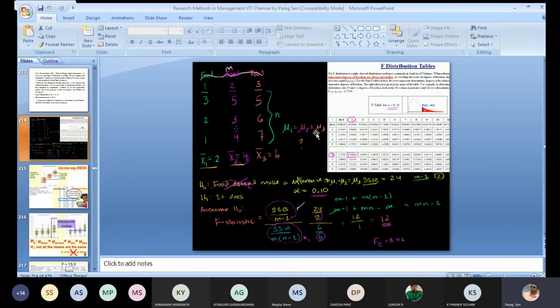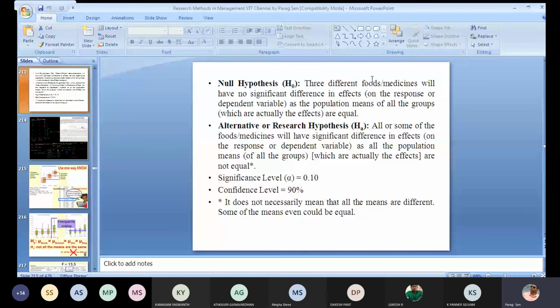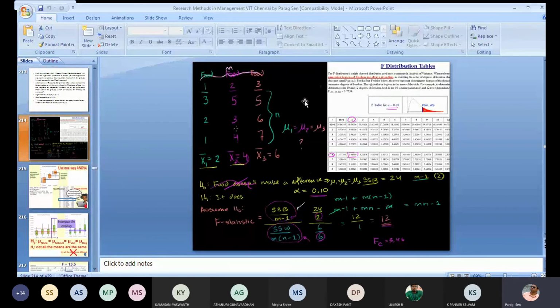Suppose instead of 3 different foods, you are using 3 different levels of speed, and the force level that you are getting, like this is the first spindle value, this is the second spindle value, this is the third spindle value.